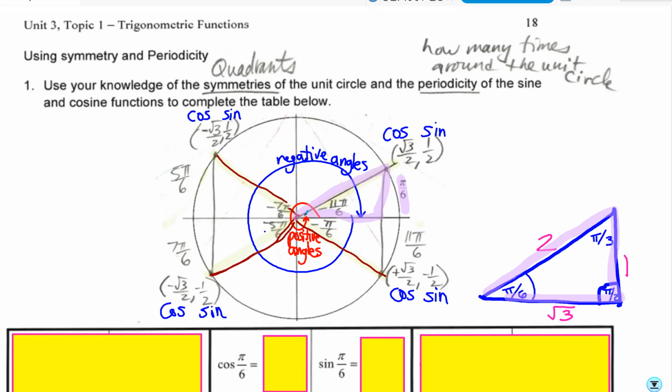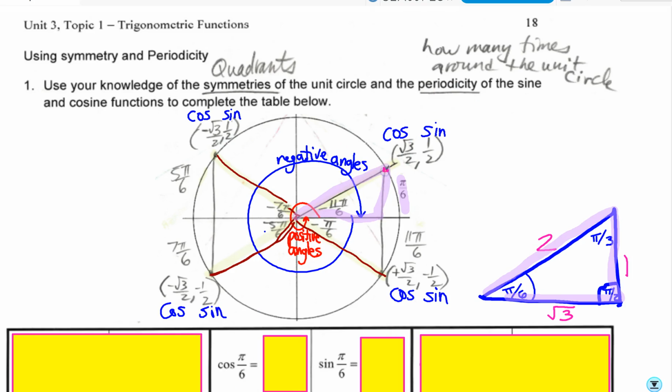If I start rotating that right triangle around the unit circle, the only thing that's going to change is the signs on each of our coordinates. For example, here is the point in the first quadrant. It's right here.